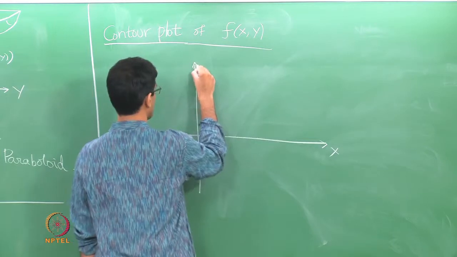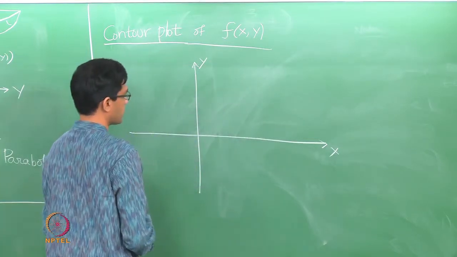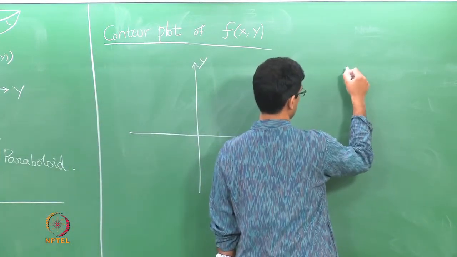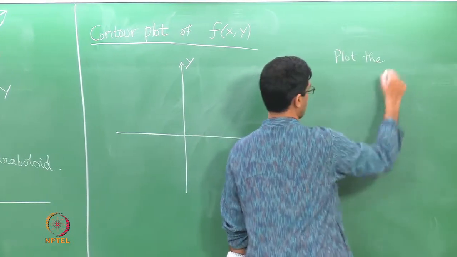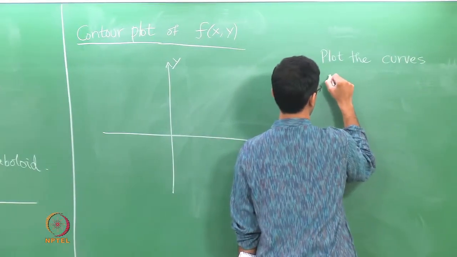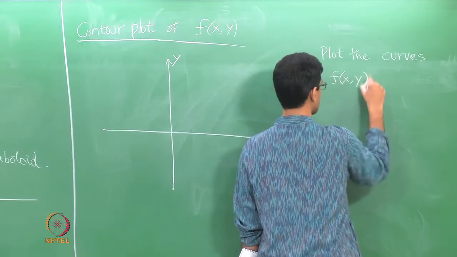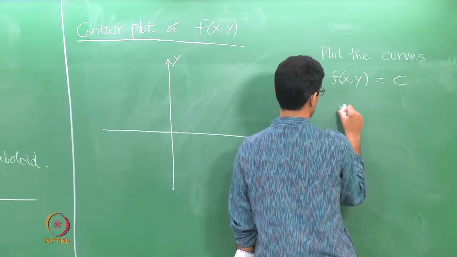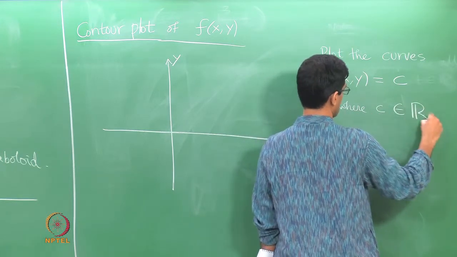Take the xy plane, and on this plane you plot the curves which are given by the equation f of x y equals c. So, plot the curves f of x y equals c, where c is every possible real constant, so c varies over the real numbers.